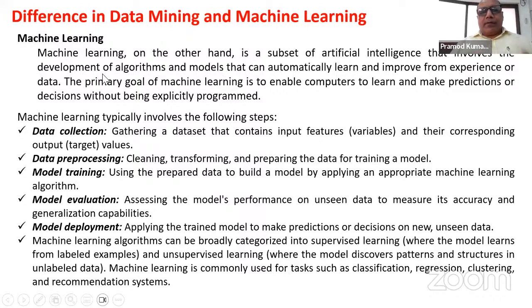that can automatically learn and improve. The important point is that they can learn and improve from the experience or the data. The primary goal of machine learning is to enable computers to learn and make predictions or decisions without being explicitly programmed.